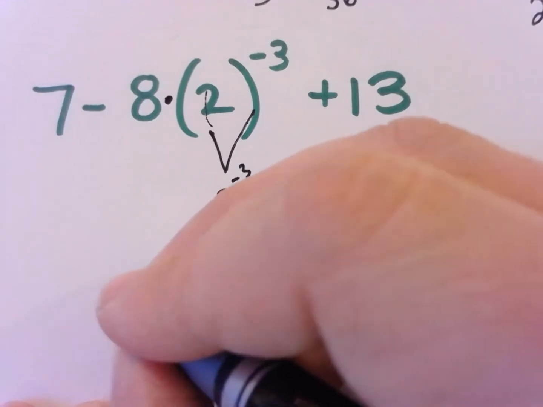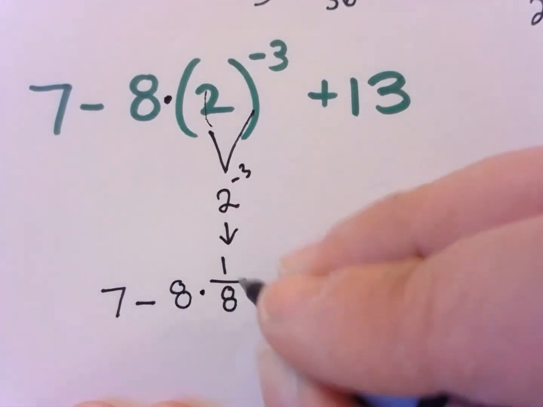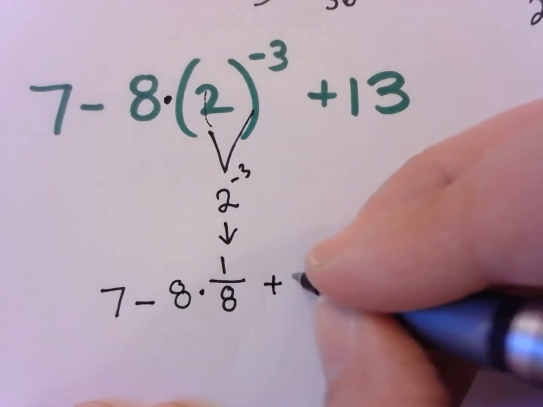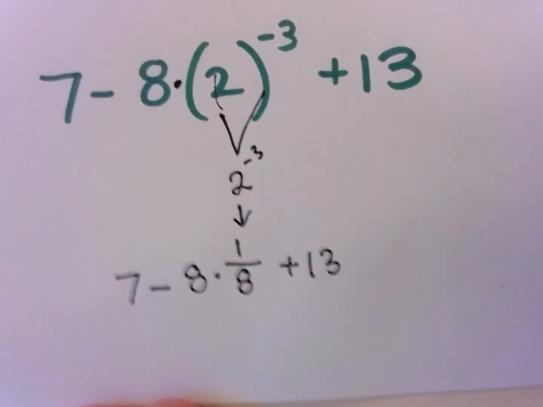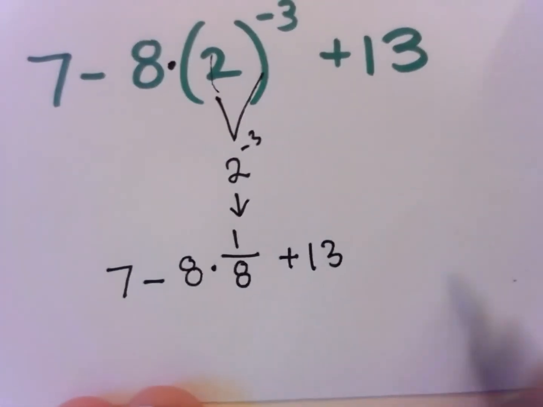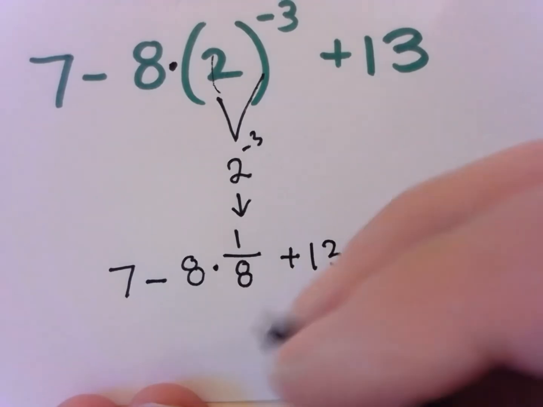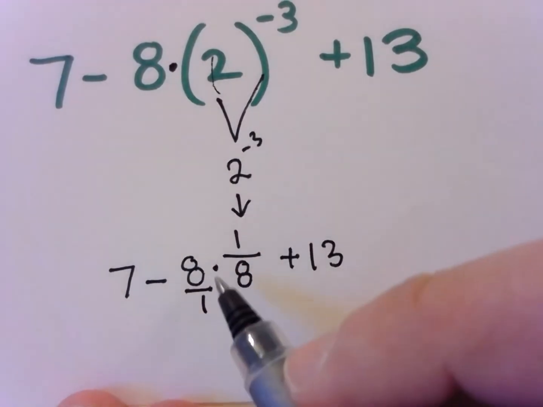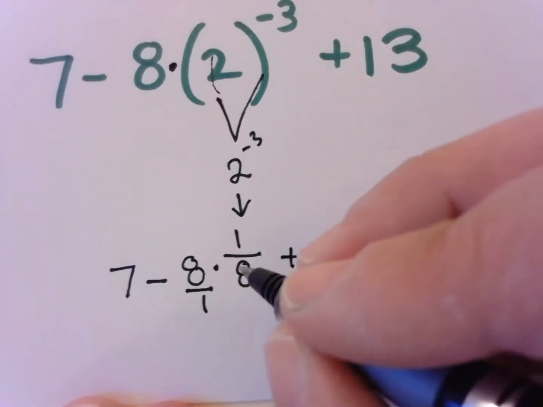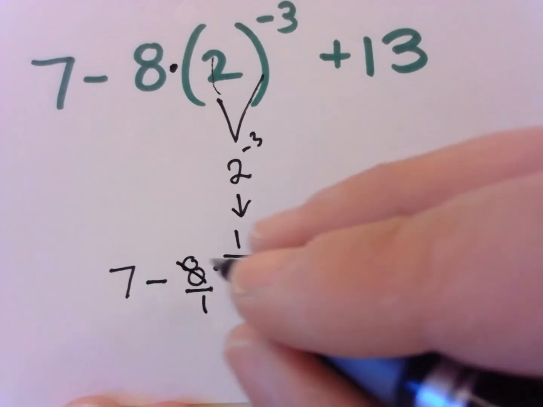Okay, so I'm going to rewrite this. 7 minus 8 times 1/8 plus 13. Okay, I've got to do my multiplication now. So when I'm multiplying fractions, no big deal, I'm going to make 8 over 1. And when you do that, this actually cross-simplifies.